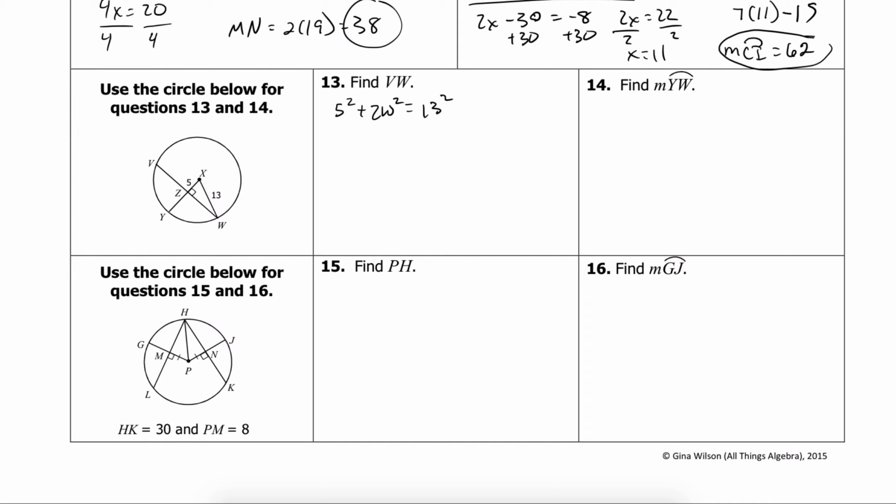This is one that I have memorized, and it's probably a good idea if you have some memorized as well. So when I subtract, I get ZW squared equals 144, so ZW equals 12. That means these are congruent, so this is also 12. So VW is going to equal 24.